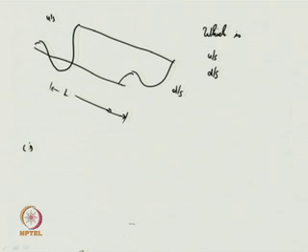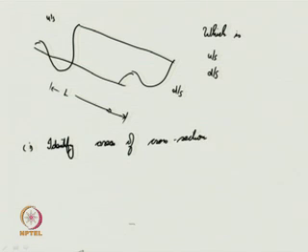So, the procedure for the slope area method: the first step is to identify the area of cross section, both at upstream and downstream.